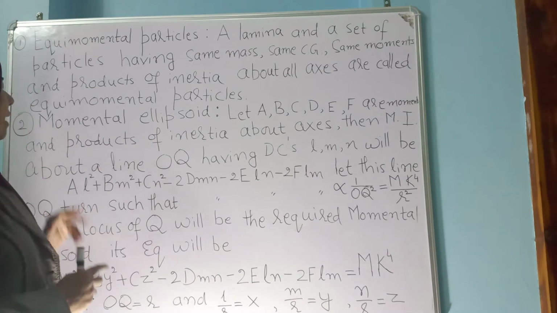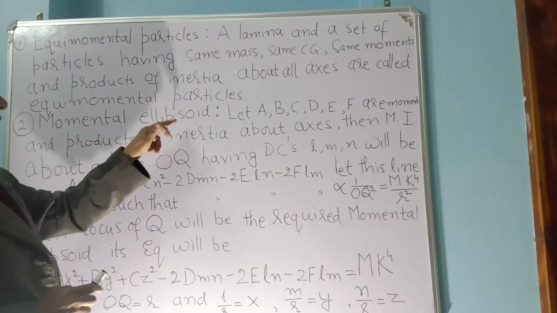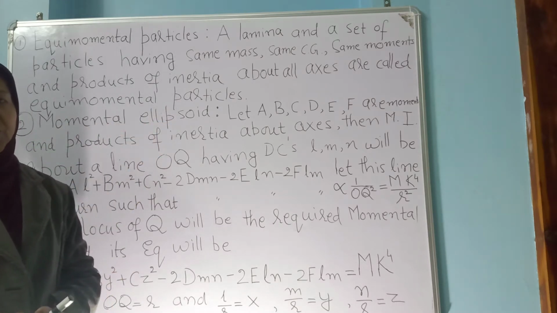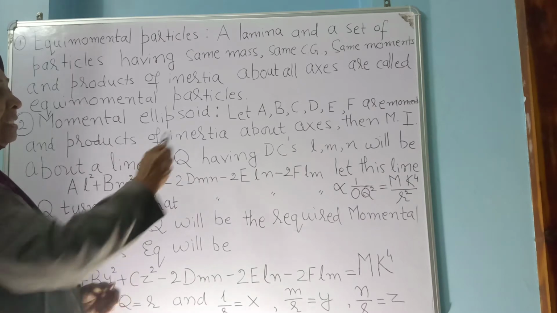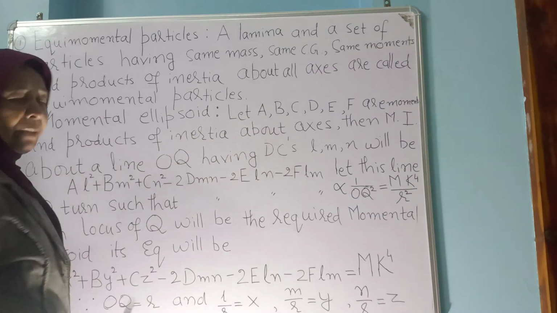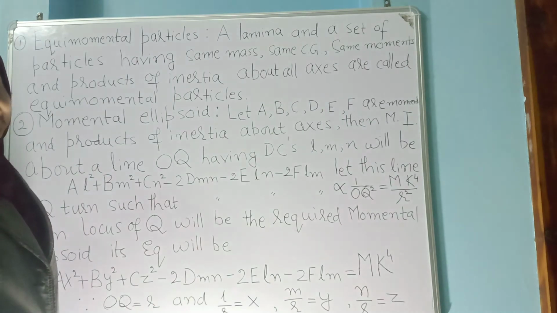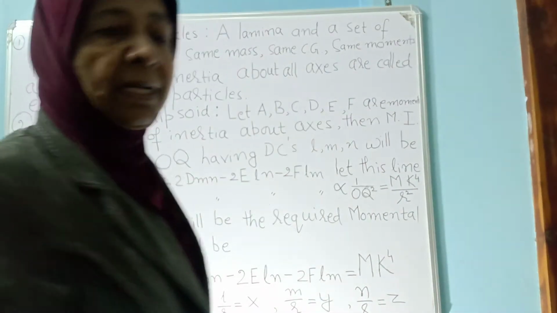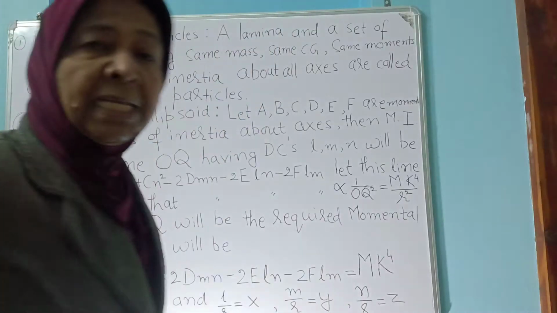Now the next definition is that of the momental ellipsoid. Till now you are familiar with these capital letters, A, B, C, D, E, F. What are these?